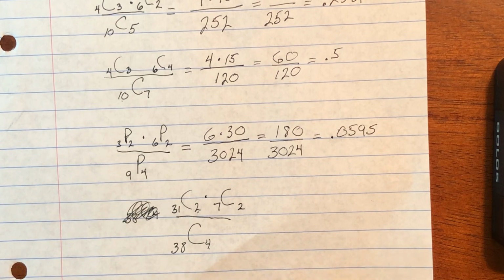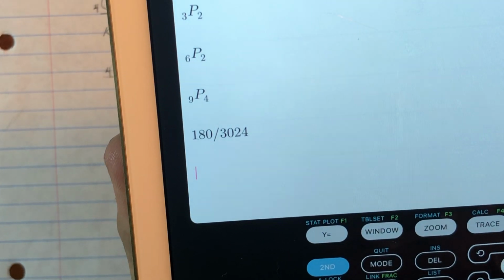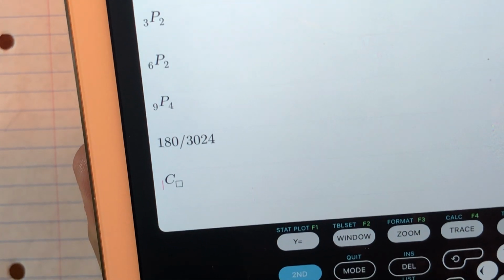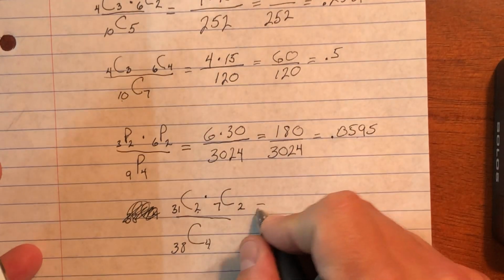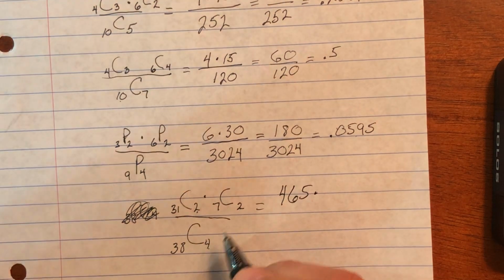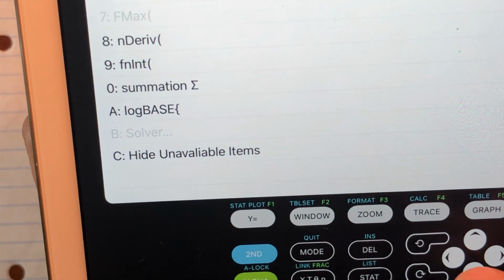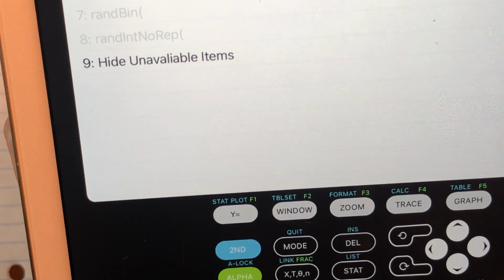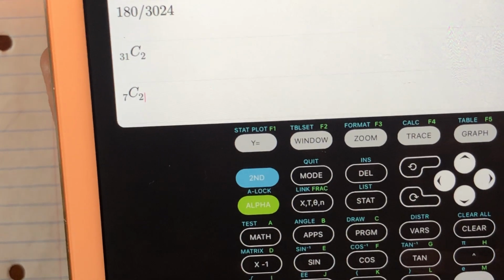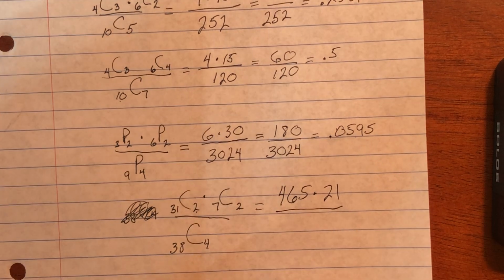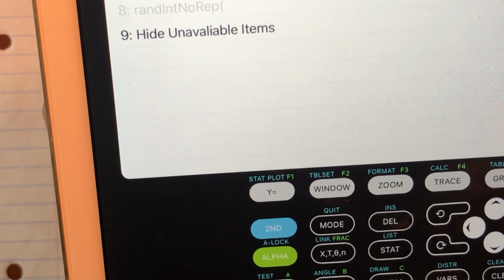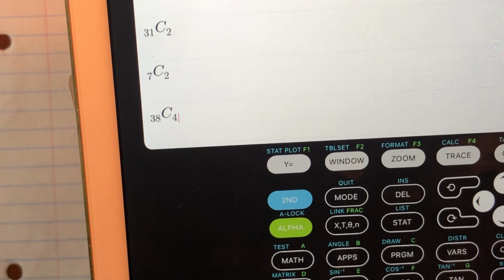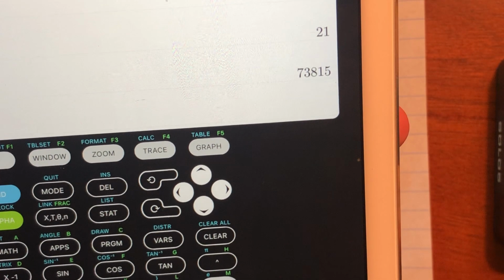All right, let's see how we did. 31 choose 2 is 465. 7 choose 2 is 21. And 38 choose 4 is 73,815.